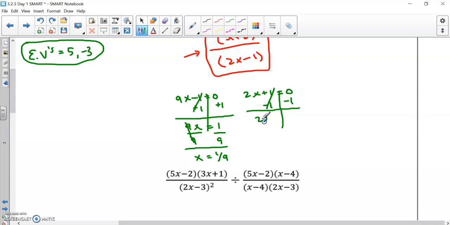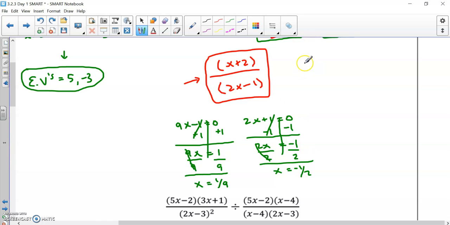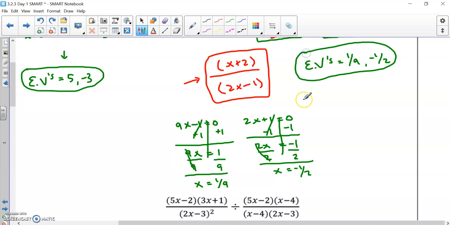Subtract 1 from both sides, 2x equals -1. Divide both sides by 2, and x equals -1/2. So my excluded values are 1/9 and -1/2. All right, let's move on.